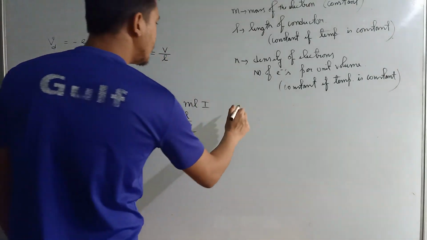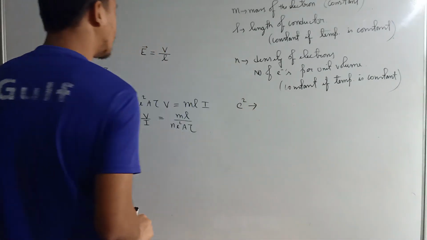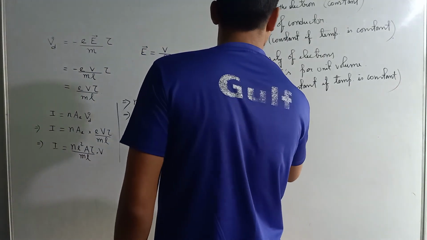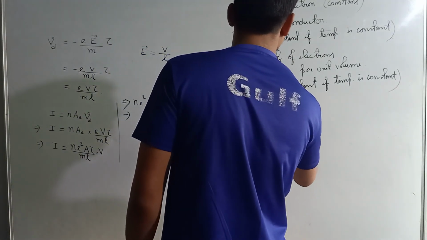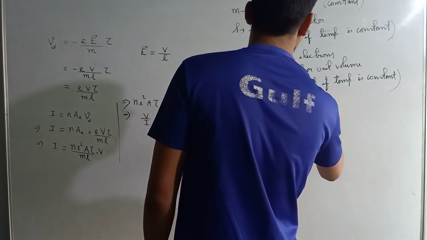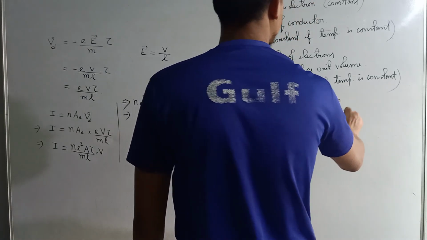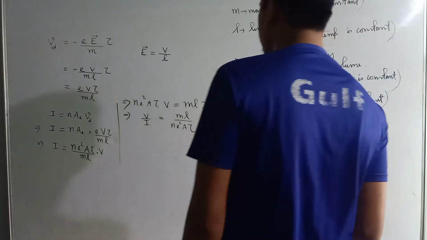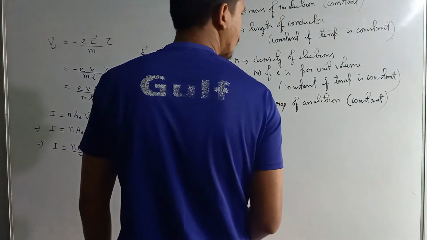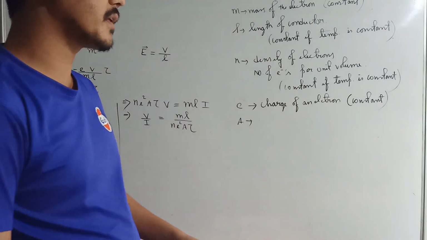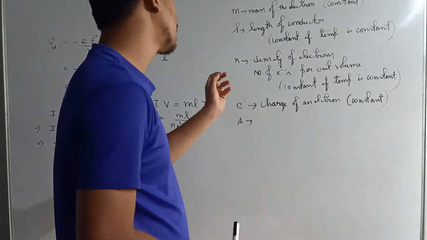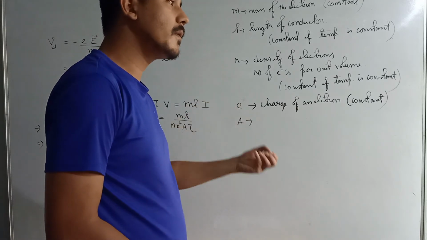Next one, e square. e means charge of an electron. Charge of an electron is always constant. It's always a constant quantity. Then A, area of cross section. Area of cross section of the conductor can be varied, but if you keep the temperature constant, then there will be no increase in area.